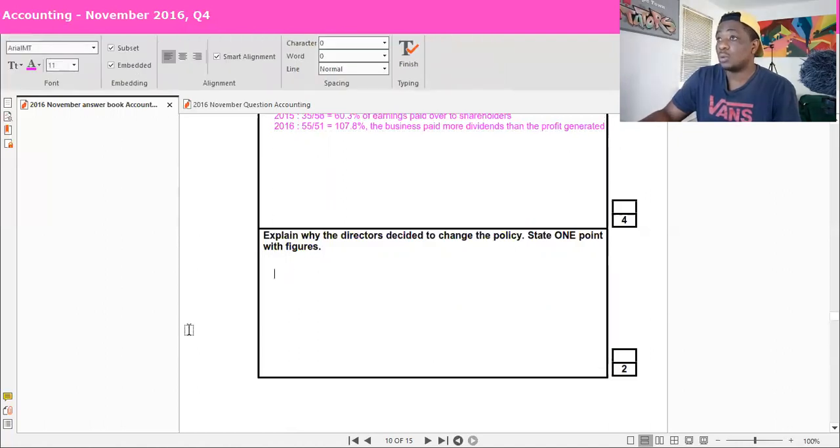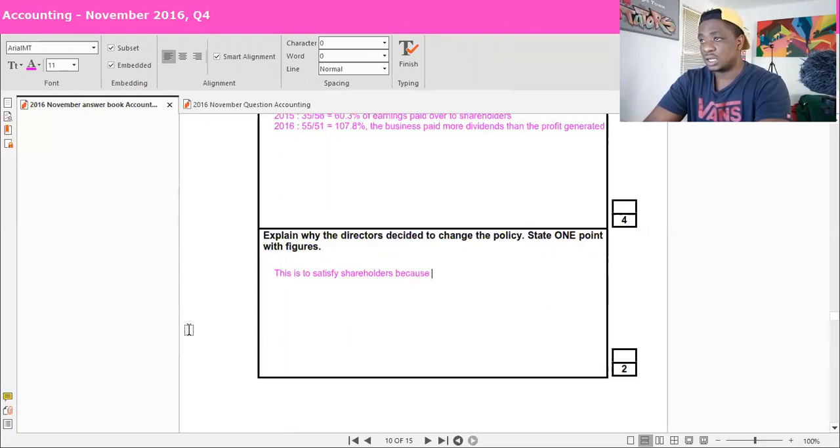So you may say why directors decided to change the policy. This is to satisfy shareholders because the share price dropped from 1,030 cents to 1,000 cents.